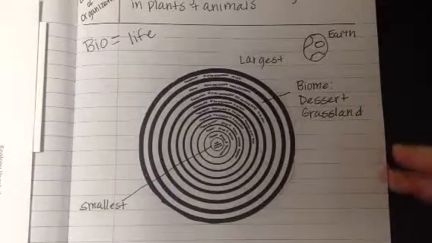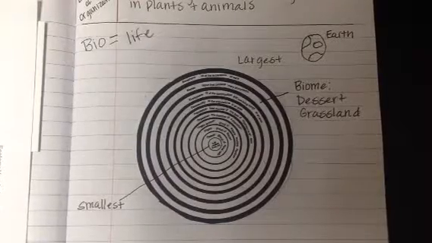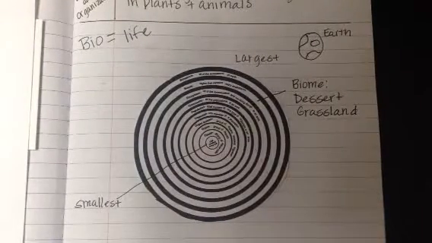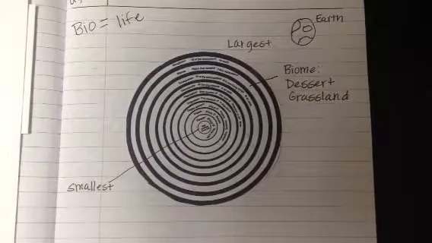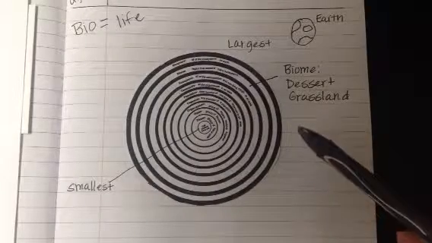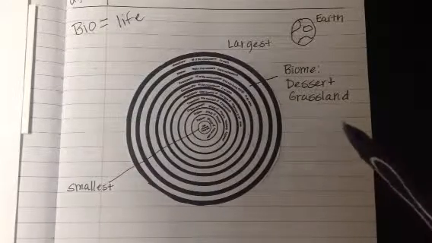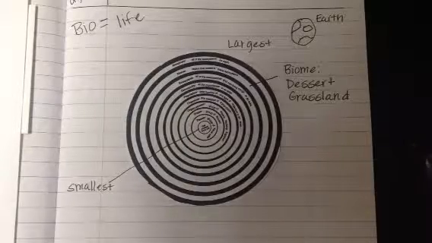Okay, so those are the big areas where plants and animals live together, and there's a lot of biodiversity, meaning there's a lot of different animals and plants that can live in that area. Okay, some biomes are bigger than others. Deserts is a harsh climate, so there's less animals and plants that live there. Rainforest would be a larger biome.